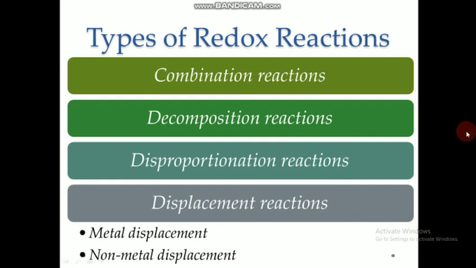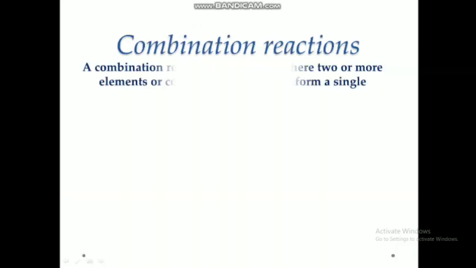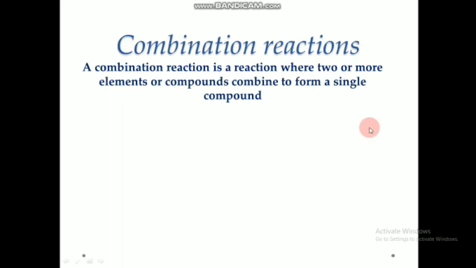So first we will discuss about combination reactions. So combination reaction is a reaction where 2 or more elements or compounds combine to form a single compound. So from the name only we can understand it's a combining process. So 2 or more elements combine together to form a single compound. So that is what combination reactions are.